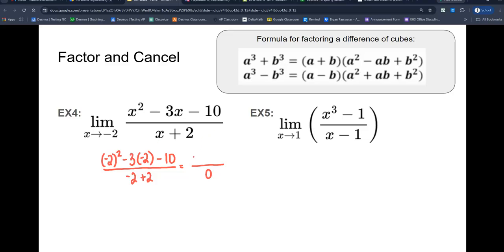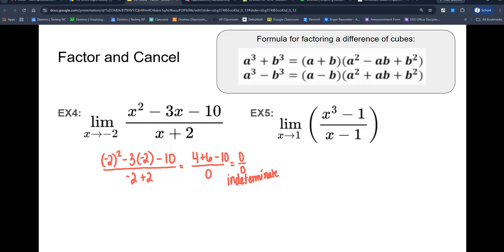And sure enough, if I do the top, I've got 4 plus 6 minus 10, which is 10 minus 10. This is 0 over 0. So this is indeterminate, and I must try something else.